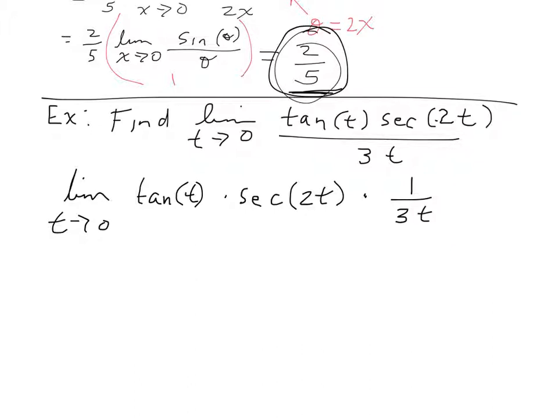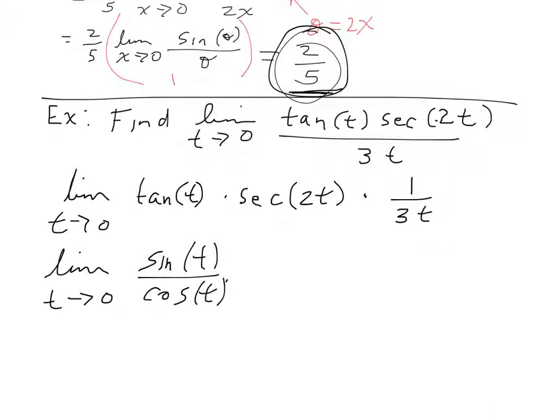A lot of the reason why is, most of you probably don't even remember what a secant looks like. Most of the pre-cal teachers do sines, cosines, tangents, and that's pretty much it, okay? And so if I put all this in terms of sines and cosines, what's tangent? Sine over cosine. What's secant? 1 over cosine, and that's 2t. And then I still have that piece there.